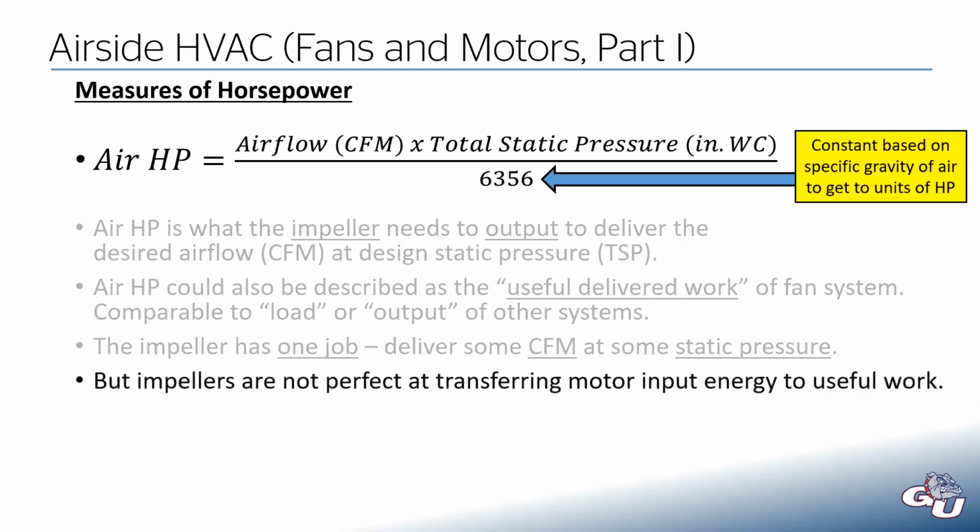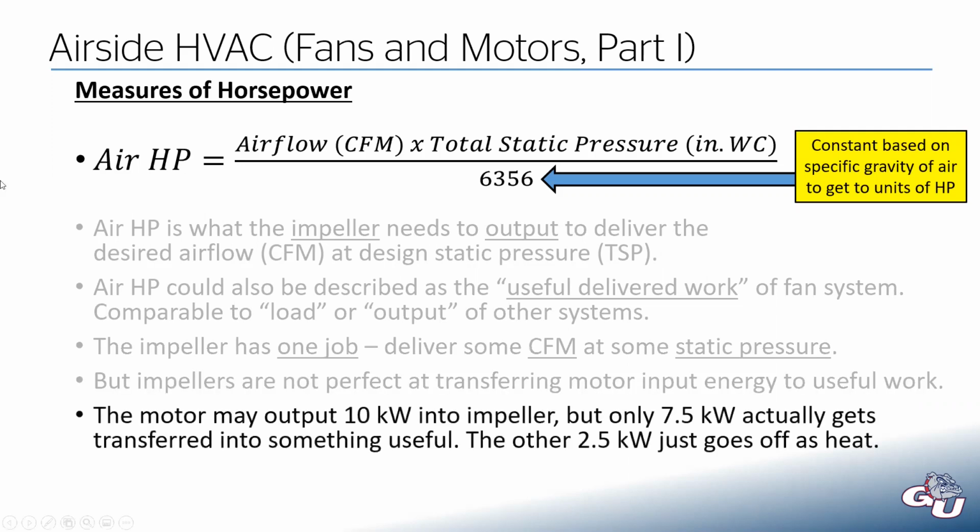But these impellers, they're not perfect at taking this motor input energy and turning it into useful work. So if the motor that's driving our impeller is putting out 10 kilowatts of power into our impeller, maybe only 7.5 of that actually gets transferred into something useful.